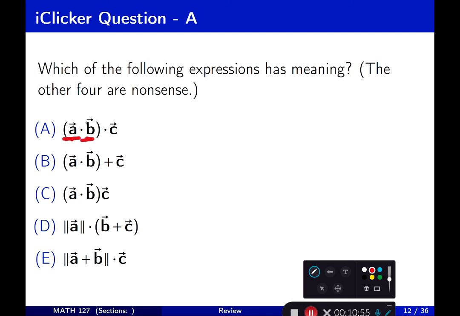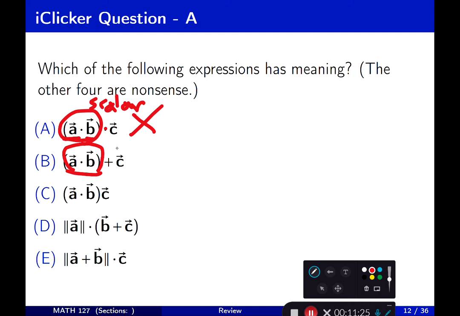The output of this product is going to be a scalar, and a scalar does not dot with C. It's scalar multiplication, so this one is nonsensical. Over here, A dot B, both of them are vectors, but plus C, this is a scalar.